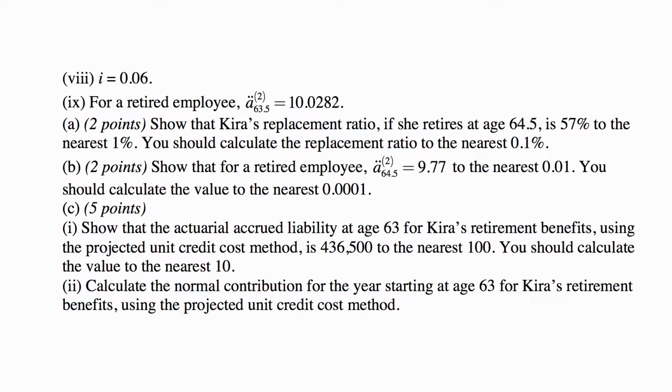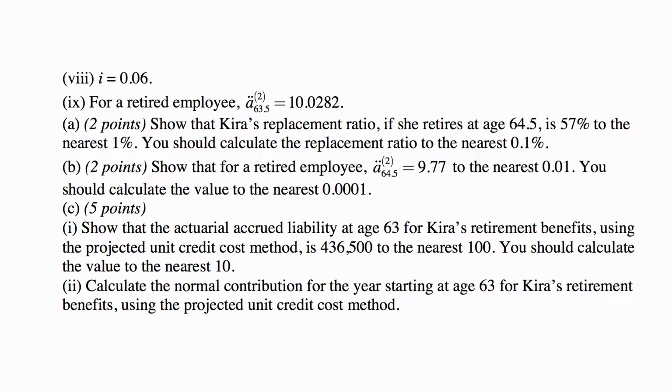The interest rate is 6%, which is the rate used in the illustrative life table, and that's something always to make sure. For a retired employee, A double dot upper 2 63.5 is 10.0282. That's a life annuity due starting at age 65 and a half, payable twice a year, unit annuity, so really in 2 installments of 1/2 at the beginning of the year and the middle of the year.